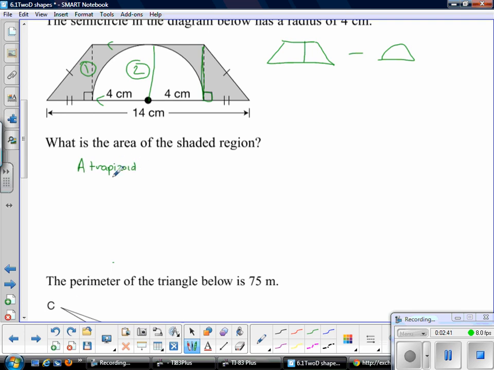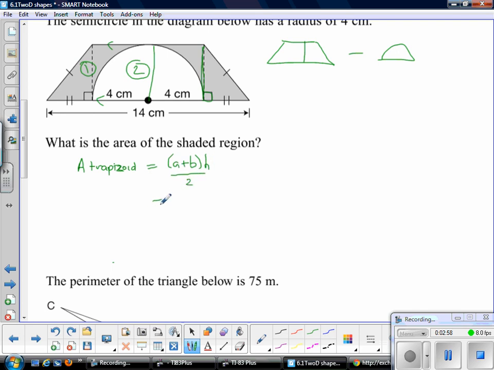You have to excuse my spelling. Trapezoid. If I go back and look, it says I need to know A plus B, multiply it by the perpendicular height, and then divide by 2.